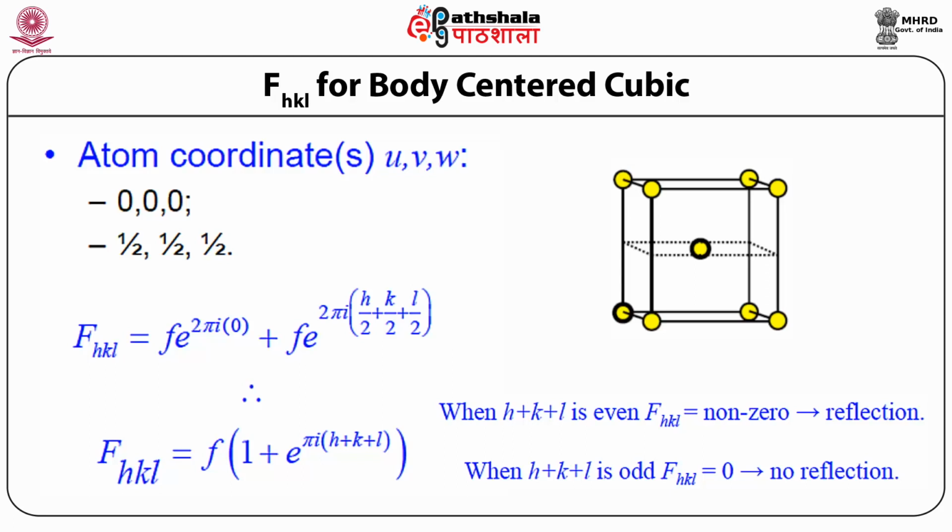But the interesting thing is when H plus K plus L is odd. H, K, L are all integers, so the sum can be even or odd. This time let us say it is odd. When you have odd, the value of this exponent will be -1, and 1 minus 1 becomes 0. So that is no reflection.